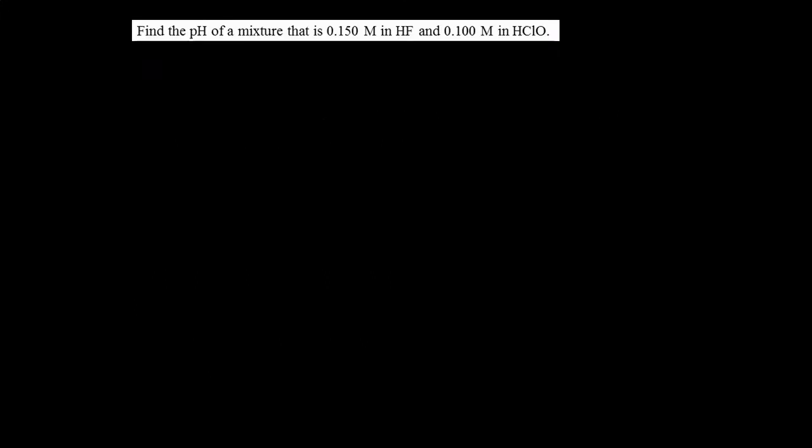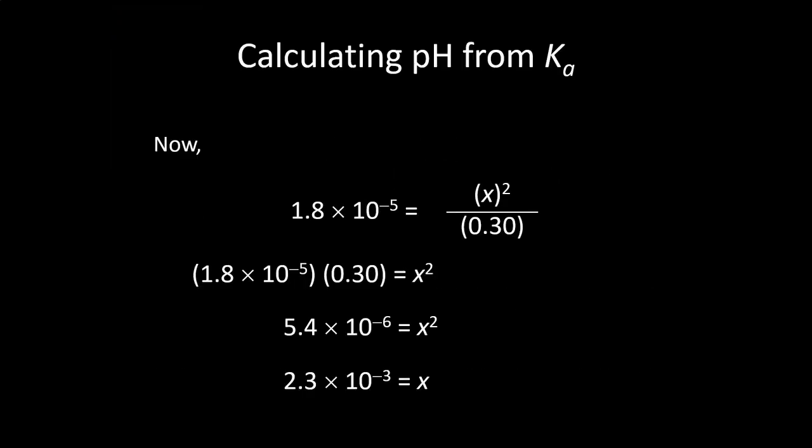So as an example of that here, we have the pH of a mixture that is 0.15 molar HF and 0.1 molar HClO. Now, in this case, neither one of them is a strong acid, but the HF is so much stronger than the HClO if we look at the Ka values, which I believe we can find.